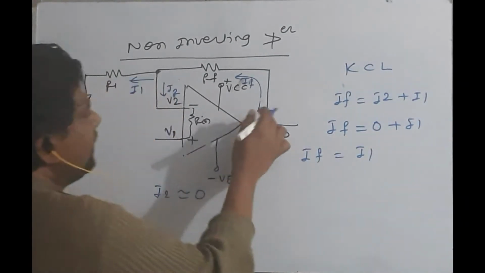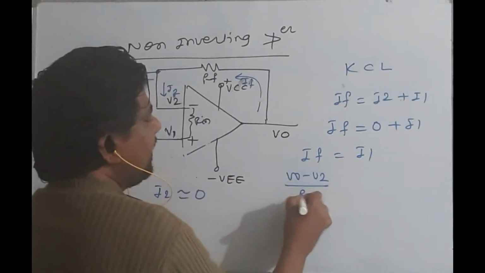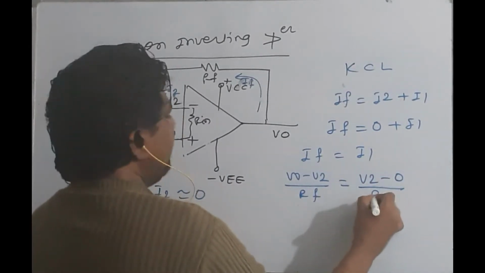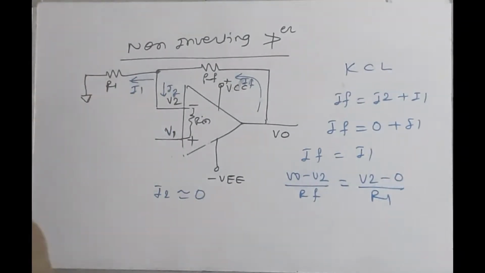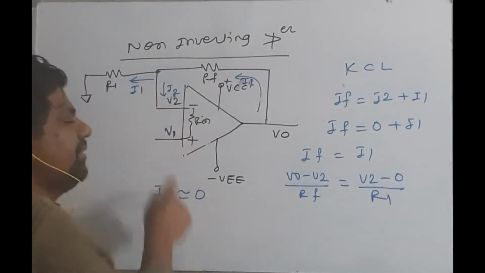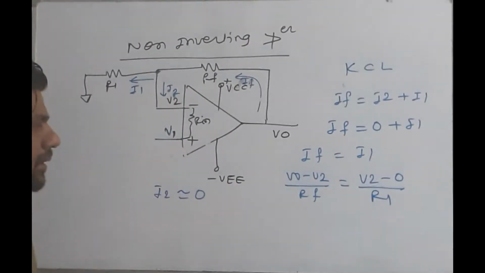What is IF now? (V0 minus V2) divided by RF is equal to (V2 minus 0) divided by R1. But what is now V2? V2 is equal to V1. Why? Because whatever potential is there here, that same potential will appear here.